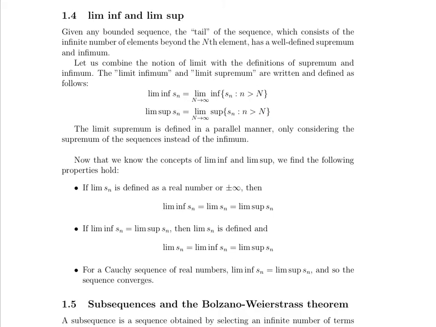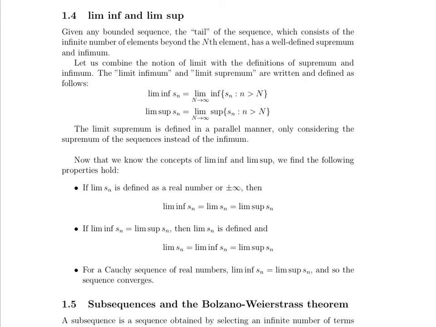So what's interesting is that if the limit of the sequence is defined as a real number, so if this sequence ends up converging, then it might not come as a surprise to you that the limit infimum of the sequence and the limit supremum of the sequence are equal, and they are the same as the limit of the sequence itself.